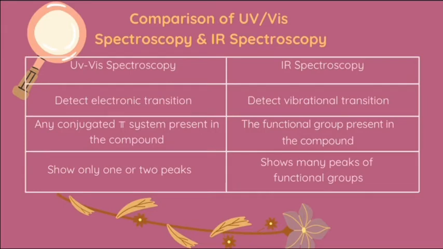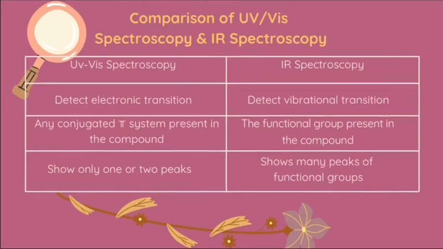Other than that, UV-visible spectroscopy will detect any conjugated pi system present in the compound, while IR spectroscopy will detect the functional group present in the compound. UV-visible spectroscopy will show only one or two peaks in the spectrum, but IR spectroscopy will show many peaks of functional groups in the spectrum.